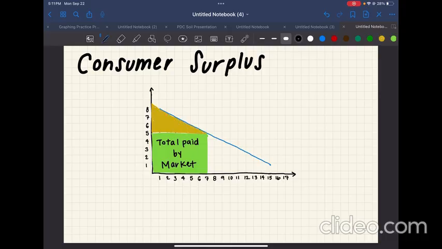And to do that, we know from geometry that the area of a triangle is 1/2 its base times its height. So we're talking about the base, this distance here, times the height, this distance here.